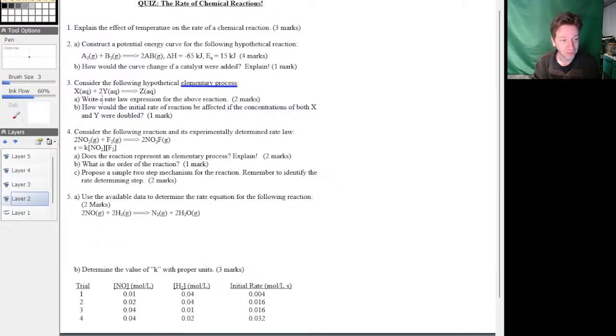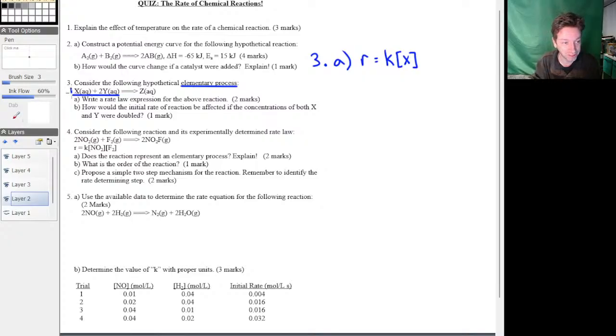So part A, 3A, says write a rate law expression for the above reaction. So we're going to use our reactants. So our rate law is going to be R, the rate equals K, where K is our rate constant. And we're going to multiply by the concentration of X and take that to the power of what our coefficient here is.